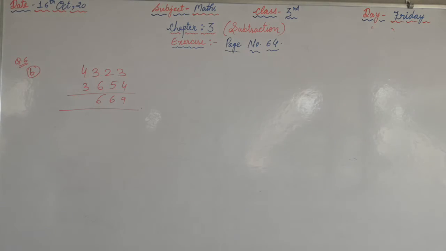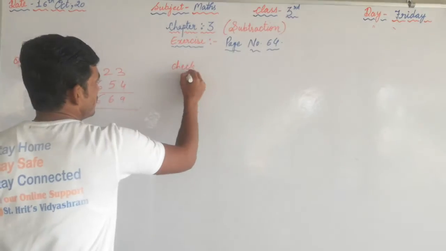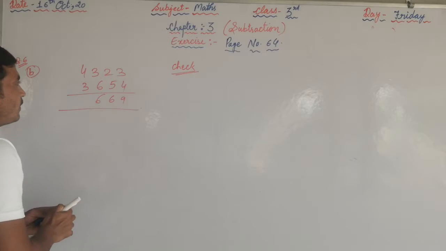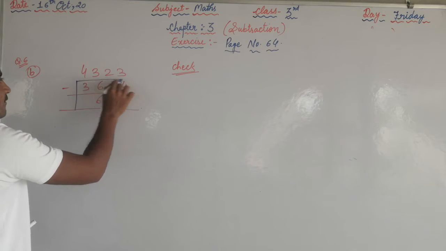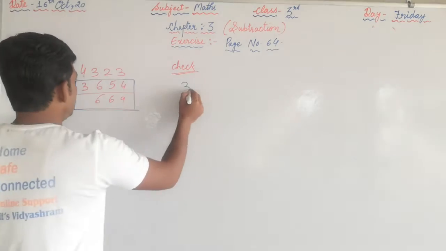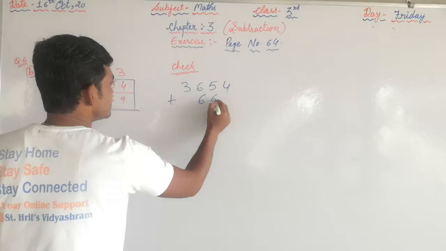Now first we have to check whether our subtraction is right or not. Now what you have to do? You have to add the subtrahend with the difference. 3654 plus 669.